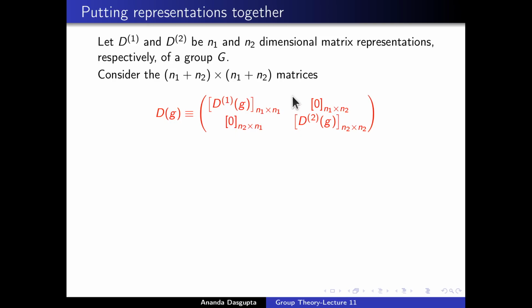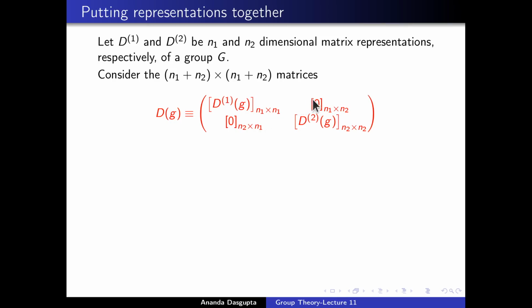This is an n1 plus n2 dimensional square matrix. So that means that there are still n2 more columns to be filled up in the first n1 rows, and those entries are all 0. Similarly, there are n2 rows which are still left after you have placed the d1g up here, and those n2 rows of the first n1 columns are all filled with zeros.